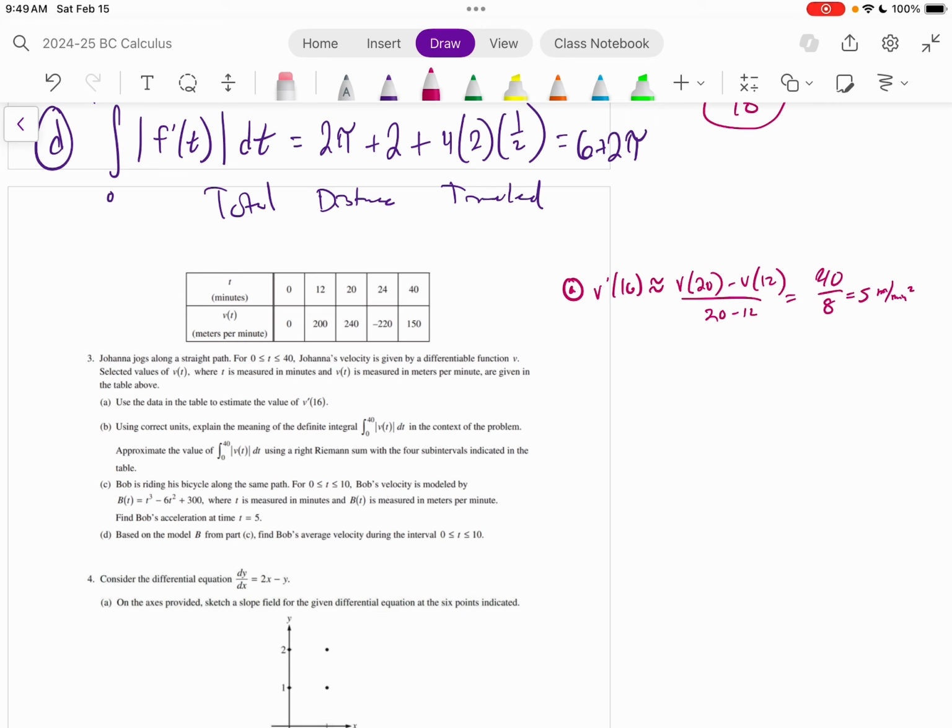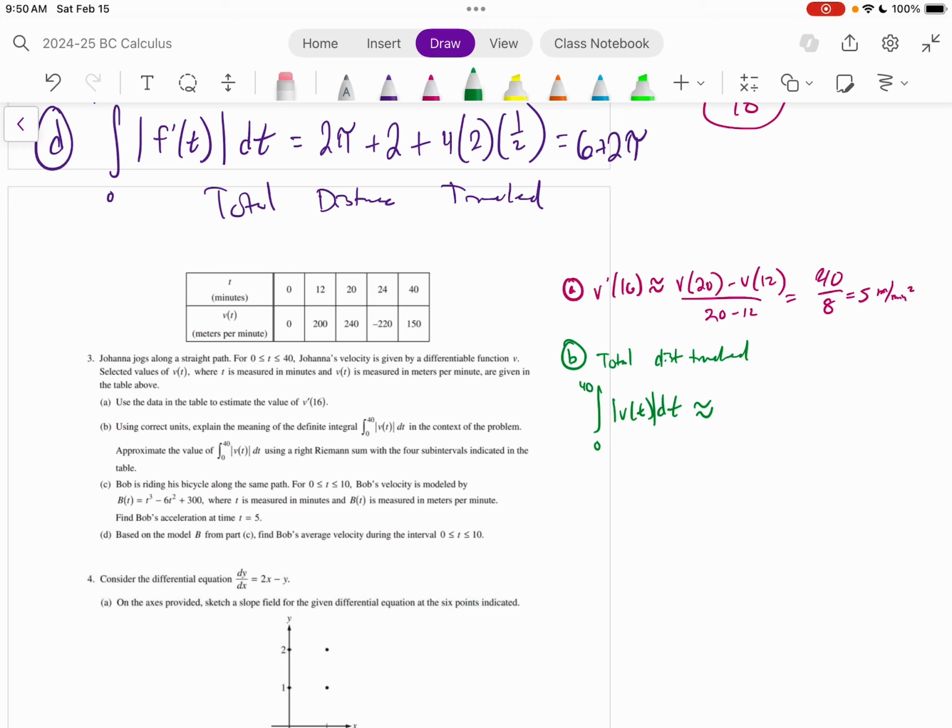All right, B, same thing that we just did in the problem above, right? V of t in absolute value is going to be total distance traveled, right? So I'm not going to really go into that again, but total distance traveled is what that means. Approximate the value using a right Riemann sum. And notice these subintervals are not going to be equal at all. Okay, so that might be a little bit tricky for us. Right, this is an approximation.